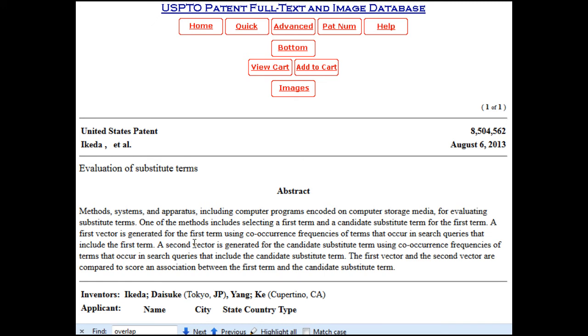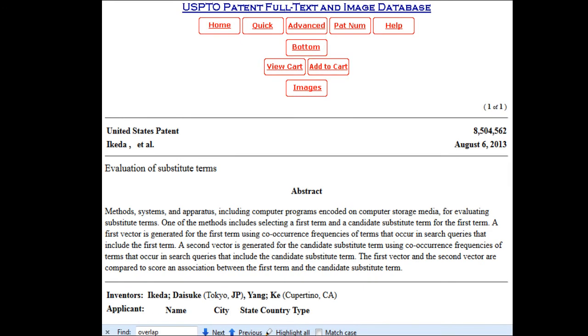So a second vector is generated for the candidate substitution, also using a co-occurrence frequency, where it looks for terms that occur in the search queries that include the candidate, keyword A, okay? And if it finds that there's a relationship between those two, then it considers a substitution. It considers the candidate to be a possible substitute.